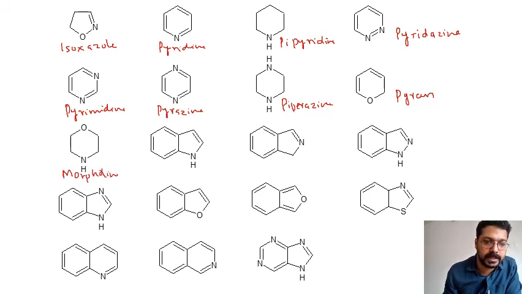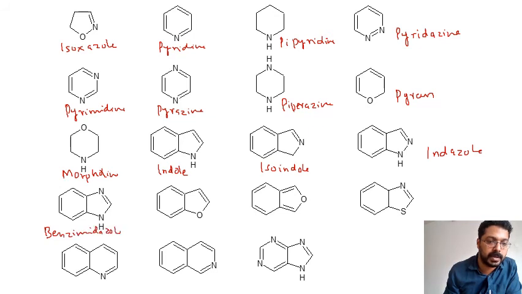Okay, and this is indole. Benzene fused with pyrrole is indole. Then it is isoindole, because the position is in the second. It is indazole. It is benzimidazole: benzene fused with imidazole.